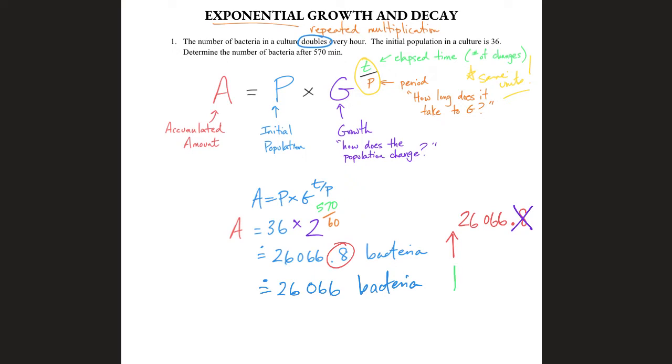Well, if my population was going down and I finished with 26,066.8 of a bacteria, I can't have 0.8 of a bacteria, so I have to figure out how I'm going to round in this case. If I finished with the green, then that must have meant that at some point I had 26,067 bacteria, and then I lost 0.2 of a bacteria, and that's how I got to the 0.8.